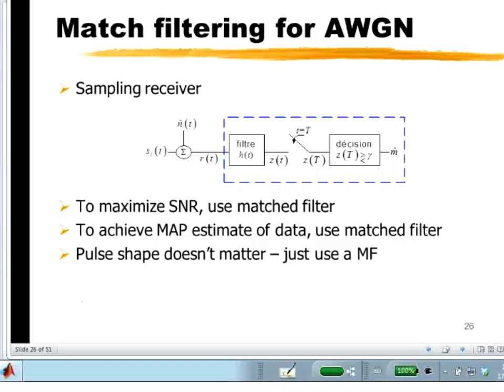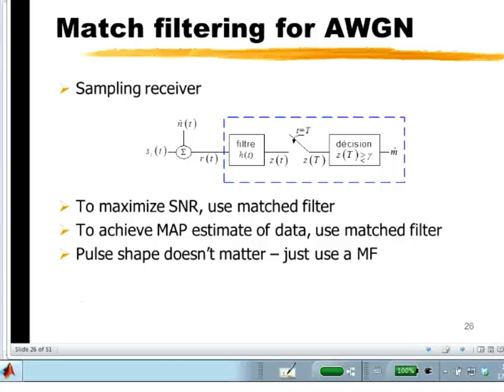Okay, so in order to maximize signal-to-noise ratio, the filter shape that I should use should look just like the received signal pulse shape. Also, if I want to maximize the a posteriori probability of the estimated data, then theory tells me I should use a matched filter. So for many different ways of looking at the problem, the best strategy is to use a filter matched to the incoming signal.